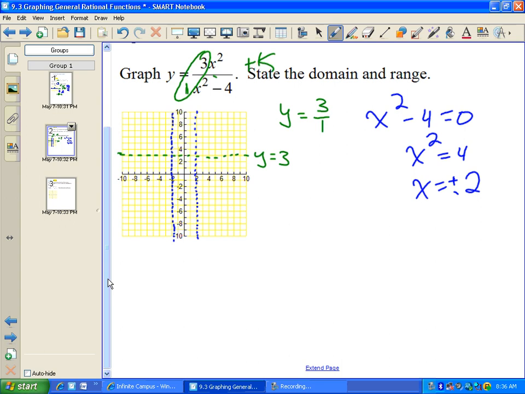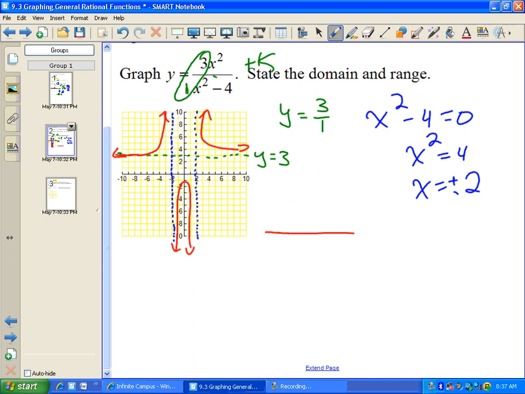If you were to graph this, if I was to pick x and y points, and I can do that if you need to see that, this graph will look like this. Okay? How do I know?